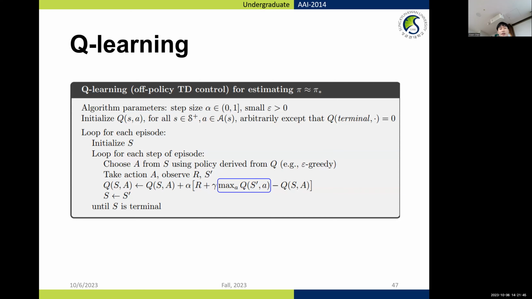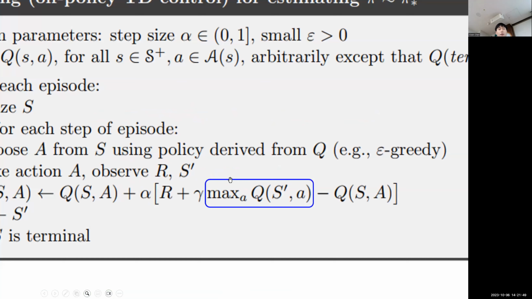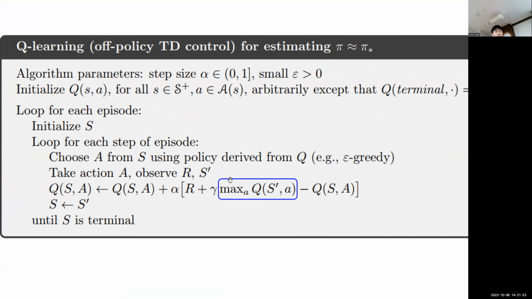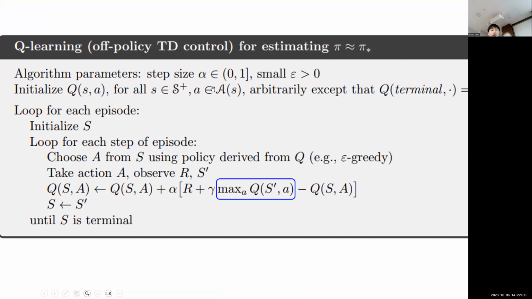Others are just simple. We just put in a little bit of a difference. For Q-learning, as an off policy TD control, for each step the initialization settings are the same as before. Choose A from S using a policy derived from Q, epsilon greedy.